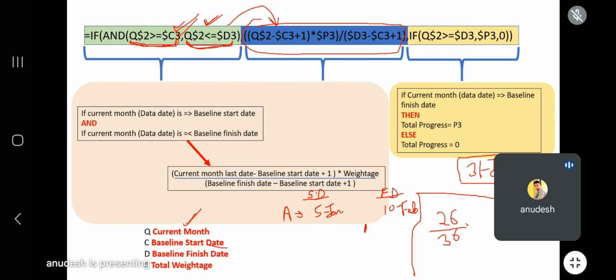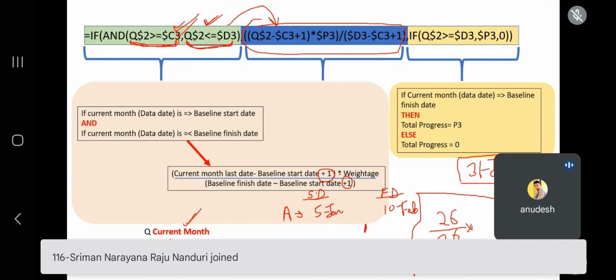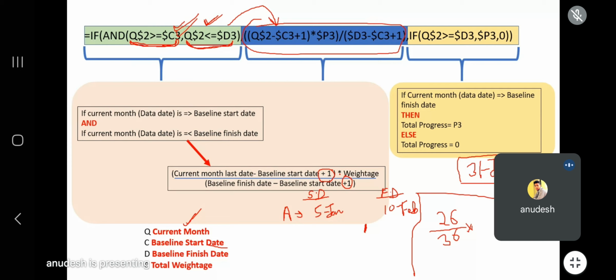And multiplied by the weightages. This plus 1 is just because the data is coming into Excel. So if you try to find out the gap of duration in software and in Excel, you'll find that it is plus 1, right? And that is why we have added plus 1. So if you are exporting the data from Primavera P6, you have to put down this plus 1, otherwise no need, right?